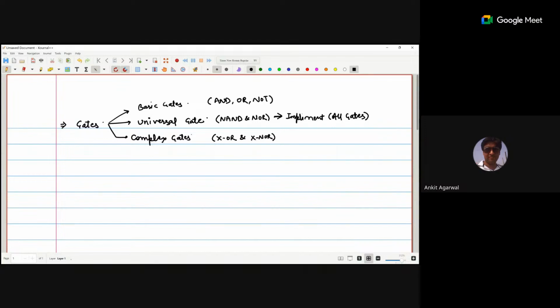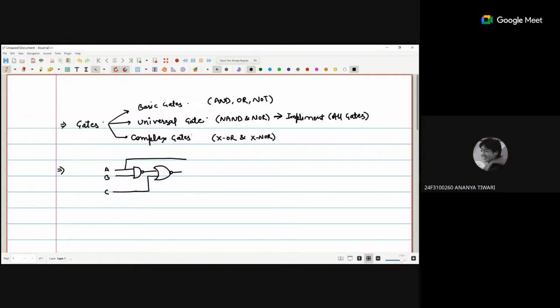So that's why it is called universal. Now based on this, the questions should be like this. I think I already gave you this type of question in the last class also.